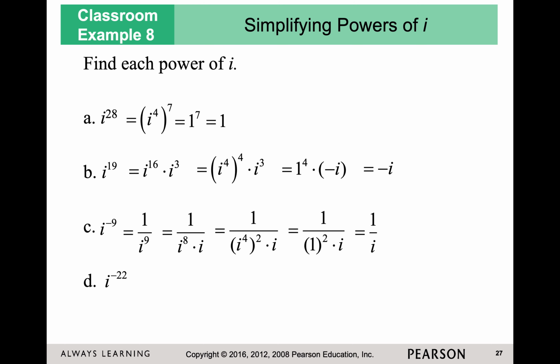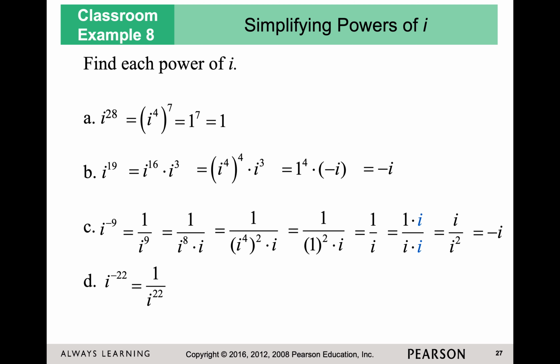This can be tricky to know how to do the powers, guys. And while the slide is showing one way to get there, as I'm talking, you can hear me saying there are other ways to get there. So i to the negative 22, got to get rid of that first. Then I'm going to think, okay, powers of 22. Well, I know that i squared is negative 1. i to the 4th is going to be 1.